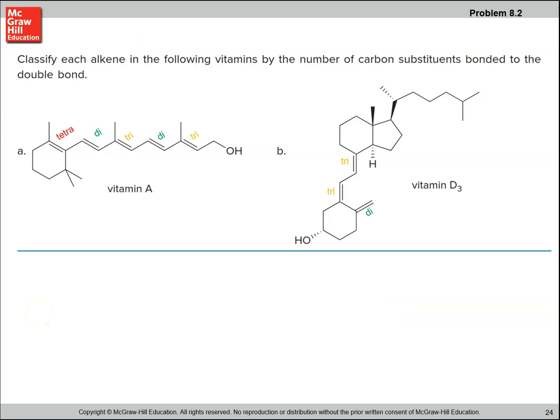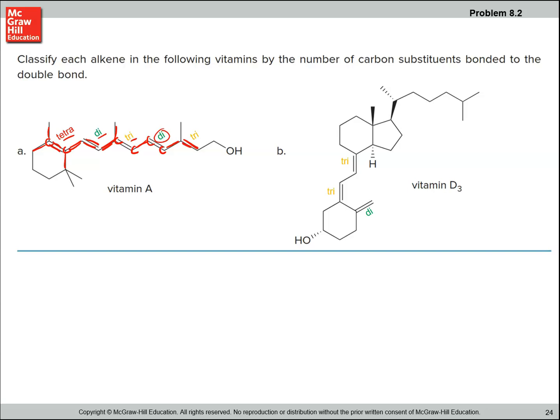These are fairly easy to identify. We find the double bond first, find the carbons associated with it, and then we count how many things are attached. This one is 4, so it's tetra. Here we have a double bond, 1, 2, so it's di. Here we have our double bond here and here, 1, 2, 3, so it's tri. Double bond, 1, 2, it's di.